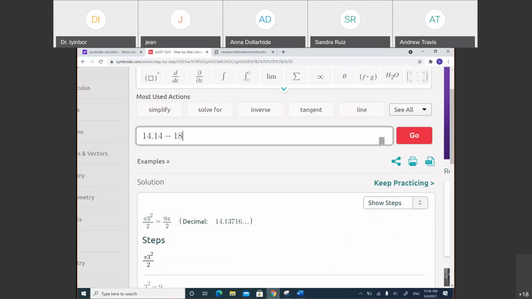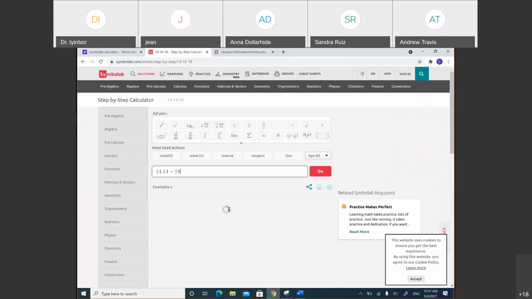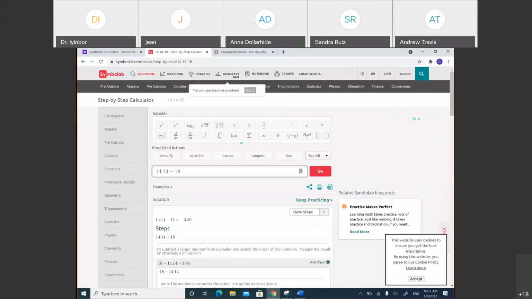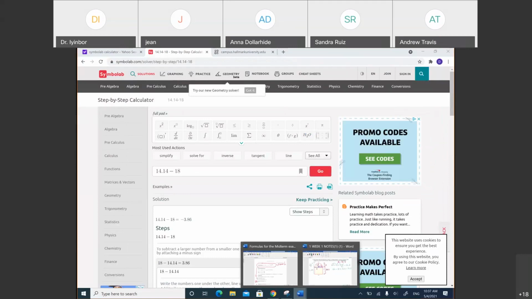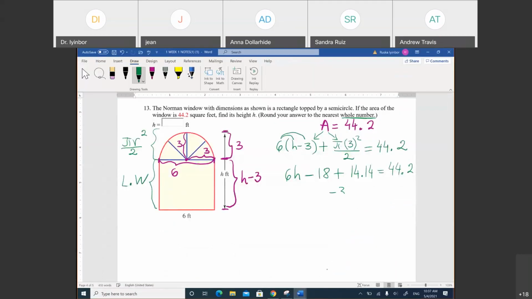Minus 18 is going to be negative 3.86. And this is 6h in front. And then from here, you're going to add 3.86 on both sides.